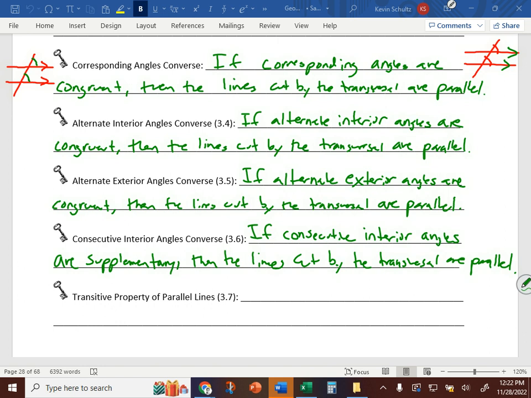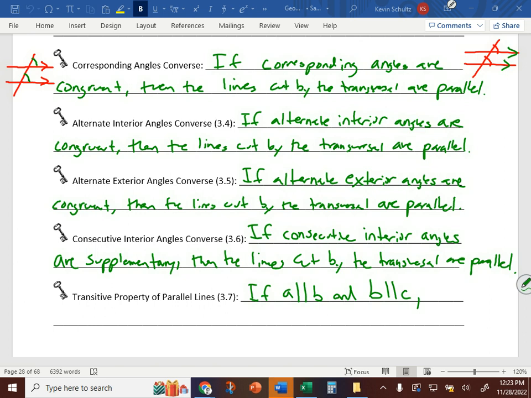Finally, this one is new in that it doesn't have a partner up at the top. The transitive property of parallel lines. We know what the transitive property is, right? If A is B and B is C, then A is C, right? So this one basically says if A is parallel to B and B is parallel to C, those two double lines like that, looks like an 11, is the mathematical symbol for parallel.